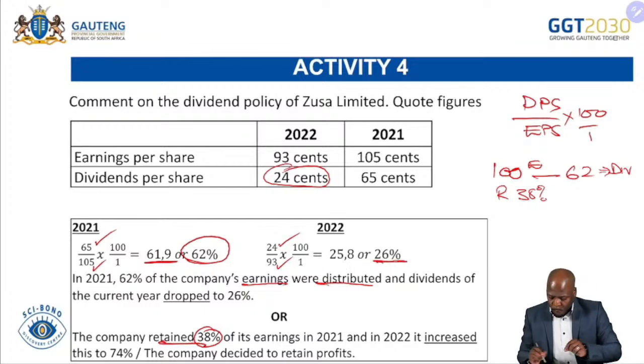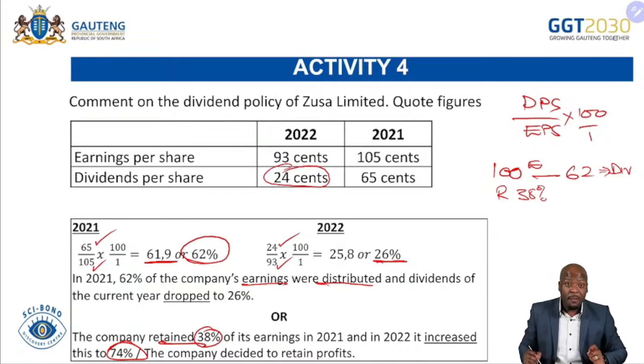So if you then compare now, you are saying the company has given 26% of its earnings as dividends. That means they are retaining 74%. Of the 100% earnings that the company has made, they have distributed only 26% as dividends. Therefore, they have kept the remainder, which is 74%.